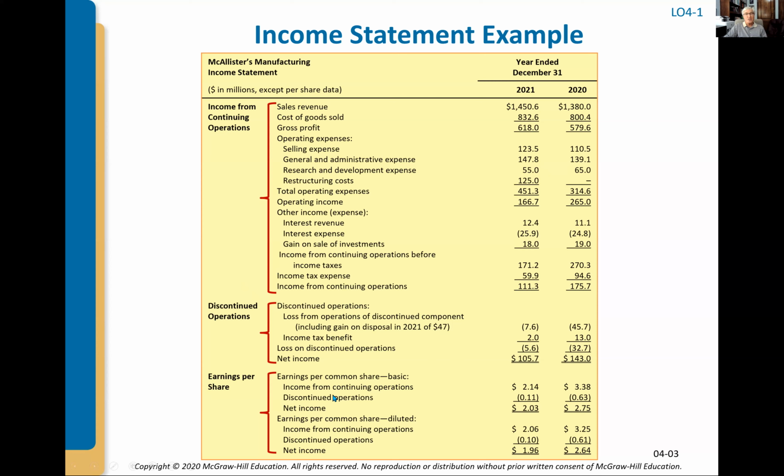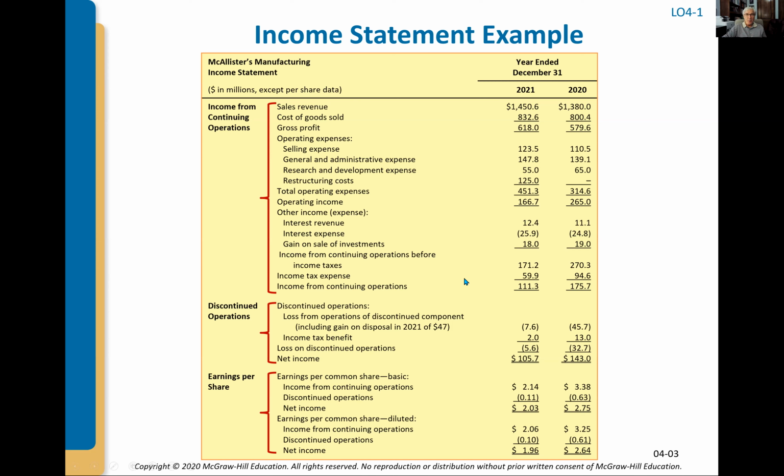Finally, the last section of the income statement is the earnings per share calculation. We'll talk about a lot of ratios in intermediate accounting and even later in advanced accounting in your finance courses, but there's only one ratio that ends up right on the face of the income statement, and that is called earnings per share.